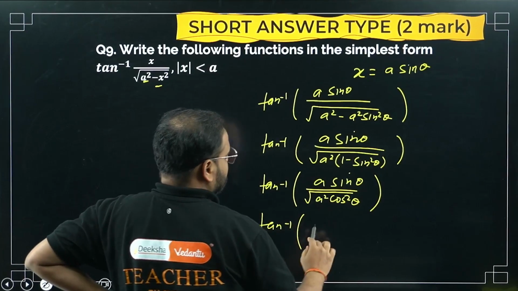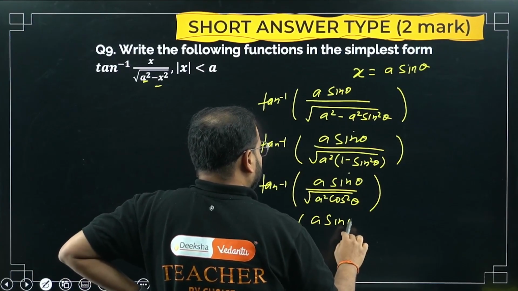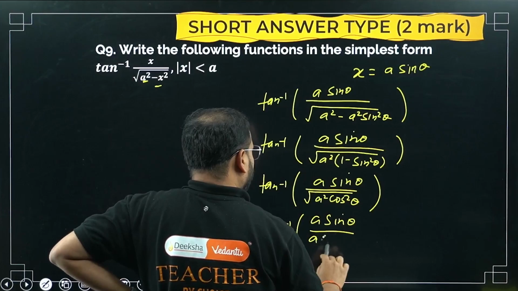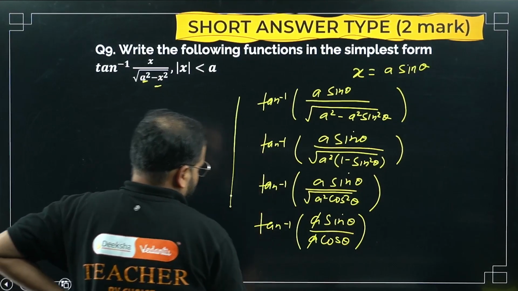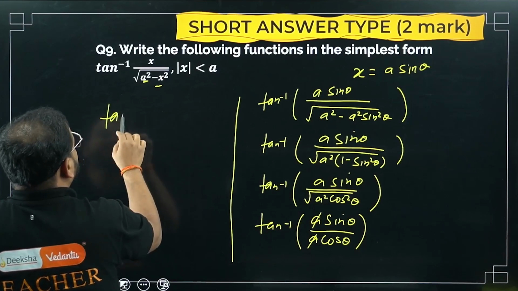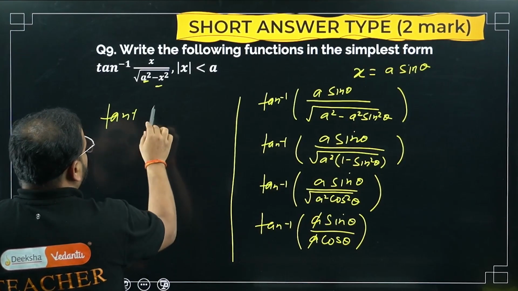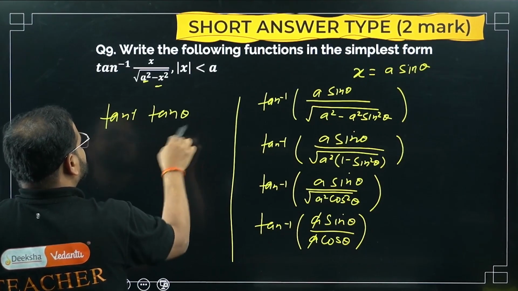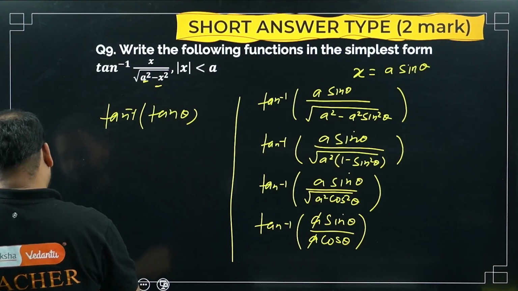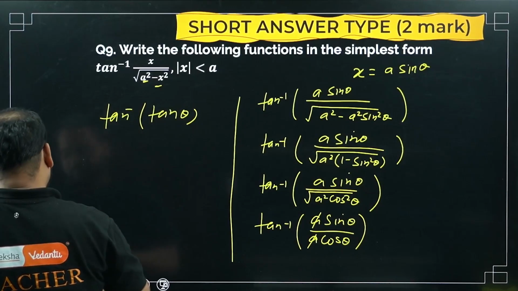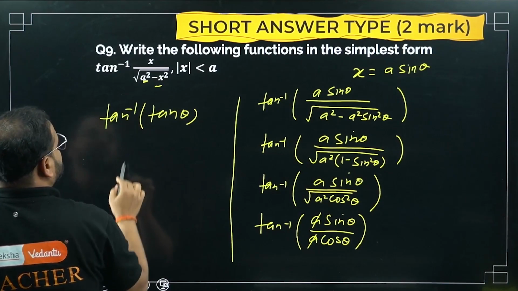Tan inverse, this is a sine theta. Now take the root: a cos theta. A and A are gone. What do I have left now? I am left with tan inverse of tan theta, since sine by cos is tan theta. The answer is theta.